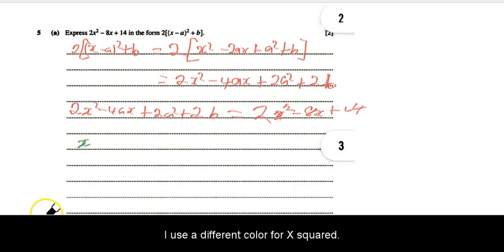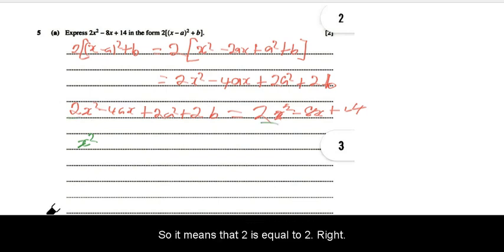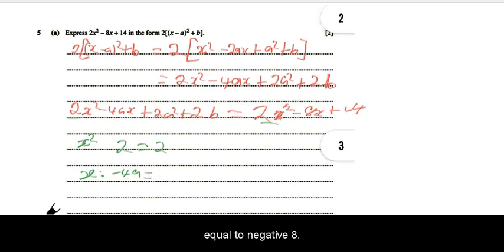We can compare coefficients. For x squared, the coefficient here is 2 and we have 2 on the other side, so 2 is equal to 2, right? Let's compare the coefficient of x. The coefficient of x is negative 4a, and this must be equal to negative 8.